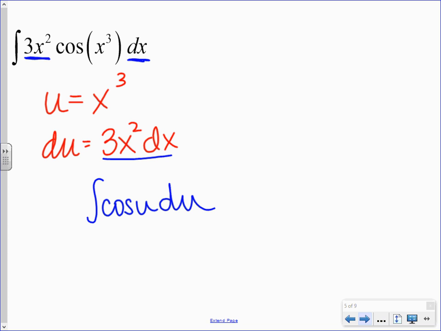Grant, what's the antiderivative of cosine? Okay. That's what I was looking for.